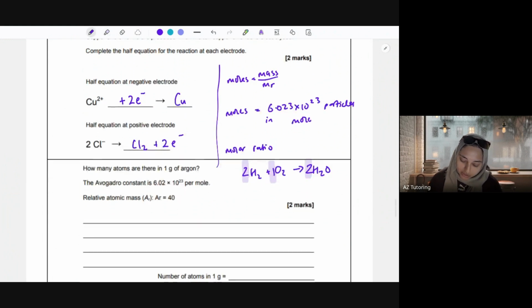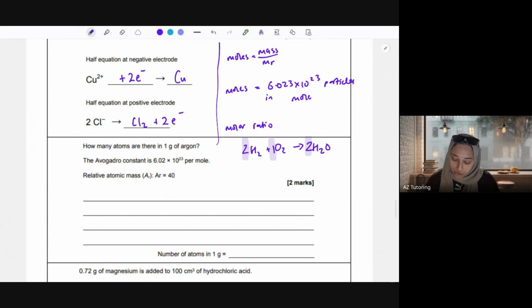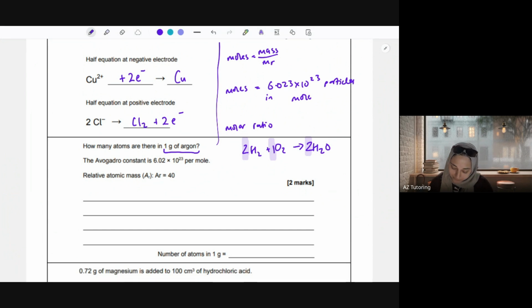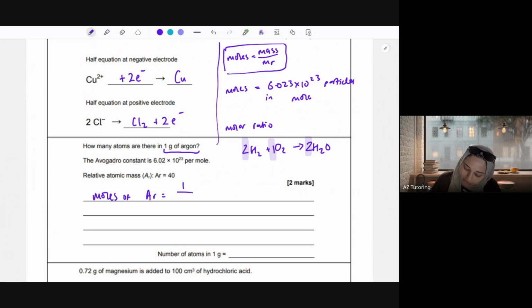Let's look at this question here. How many atoms are there in 1 gram of argon? It's told you Avogadro's constant, and it's giving you the relative atomic mass of argon as well. So because we've got 1 gram, what is moles? Moles equals mass divided by Mr. So let's work out the moles of argon, which is mass over Mr. So mass is 1 gram over Mr. Mr and Ar are really the same thing.